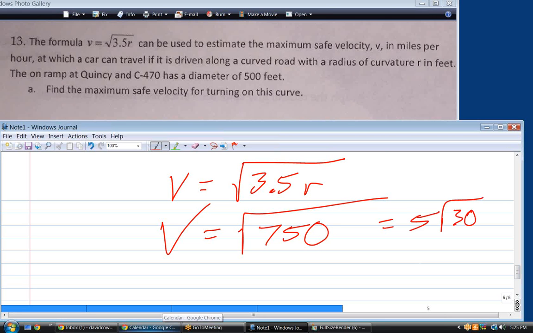Can root 30 be reduced? It turns out to be 5.54. No, I didn't mean reduced that way. Is root 30 in its simplest form?